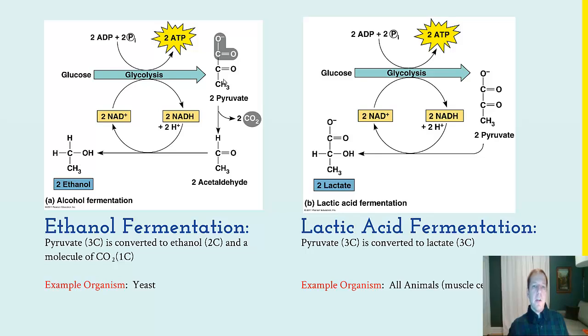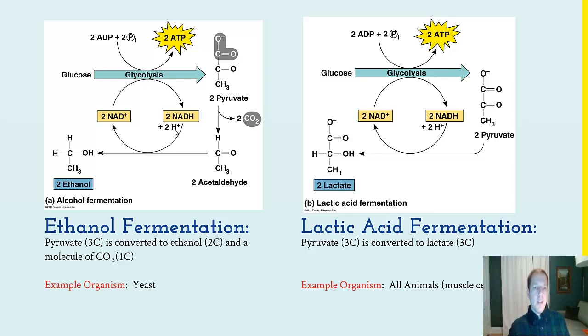And in the process of converting the pyruvate into ethanol, we're going to release CO2, because one of the 3 carbons from pyruvate will be removed to make a molecule of carbon dioxide. And then the 2 carbons and the oxygen that are left over will be rearranged to make ethanol, which is a 2-carbon alcohol.